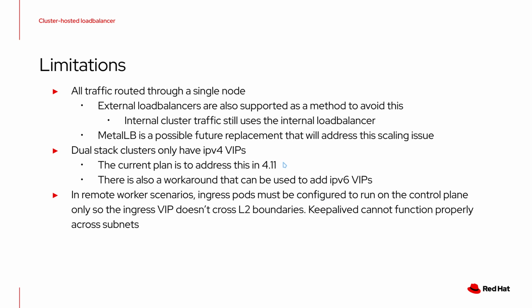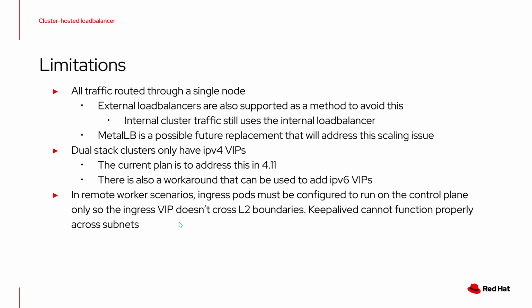So as I mentioned, planning to fix this in 4.11. There's also a workaround available that we can use to add IPv6 VIPs. It's a little bit manual and not as easy to support, so it's not something we can really include in the product right now, but it is available if customers run into this in an older version and absolutely must have dual VIPs.